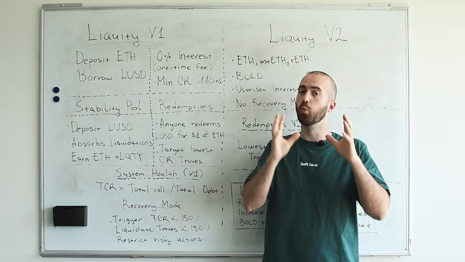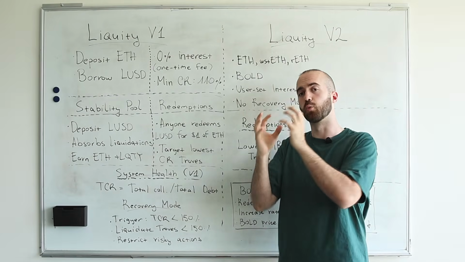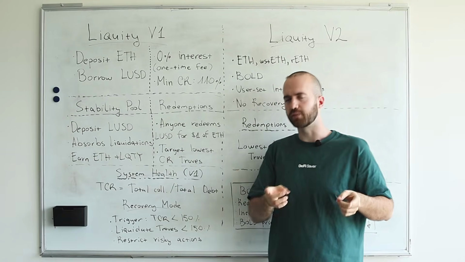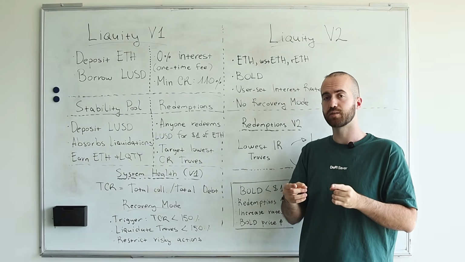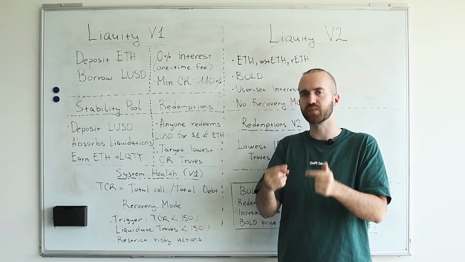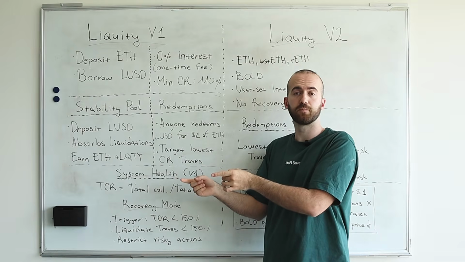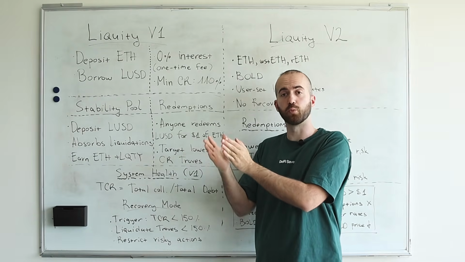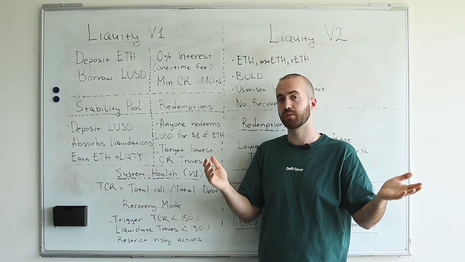Again, one LUSD for $1 worth of ETH. Think of it this way. If LUSD is trading at 99 cents, somebody can buy it at 99 cents and then redeem it for $1 worth of ETH. So they get something worth $1 for something they bought for 99 cents.